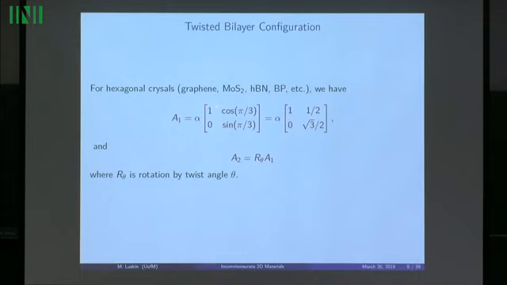So we can define the lattice in terms of the lattice vector alpha. That's A1 for lattice 1. Then if we rotate to get the lattice of layer 2, we just apply a rotation matrix R theta to that. So that's A1 and A2 for a hexagonal structure.